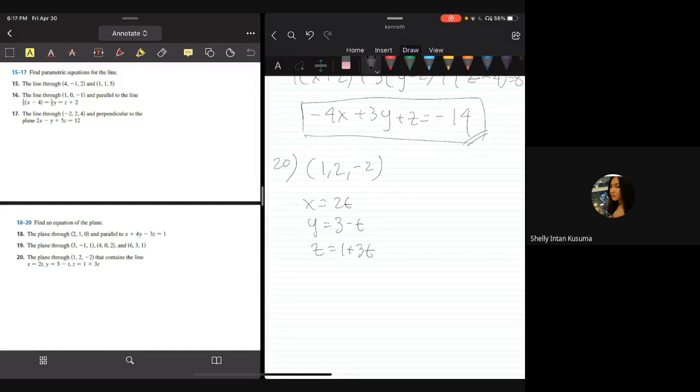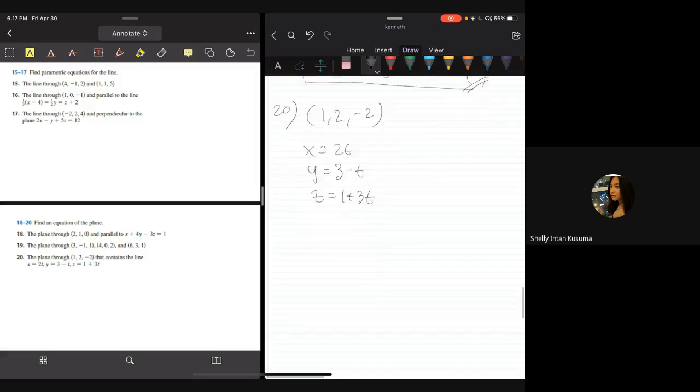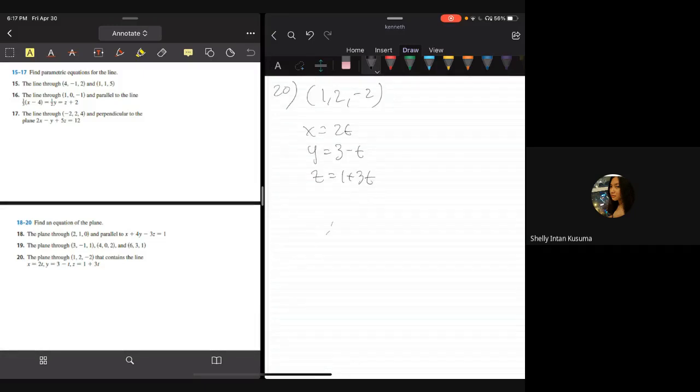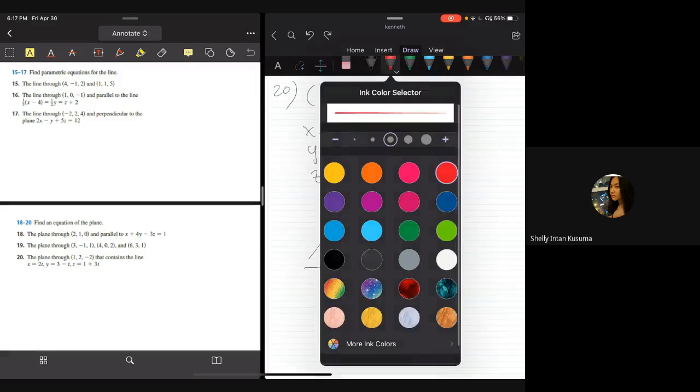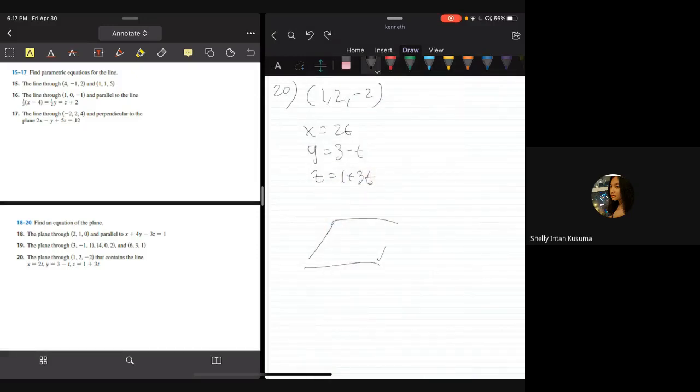Okay, for number 20, we get our plane here, and we get a line here, right? This is the line. Sorry. And this is the point here. So first of all, we need to check if our point is on the line or outside of the line.